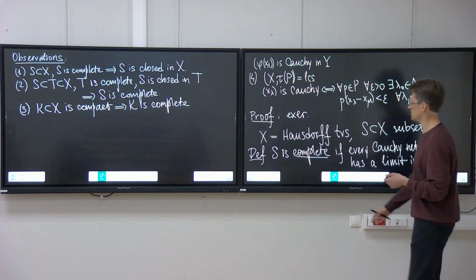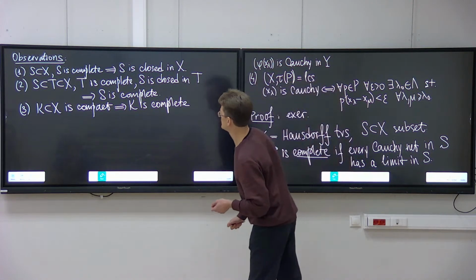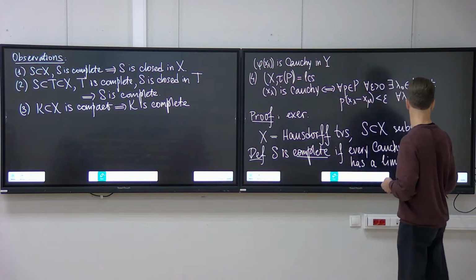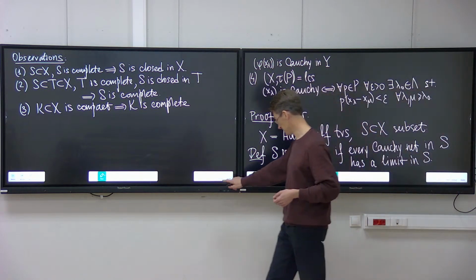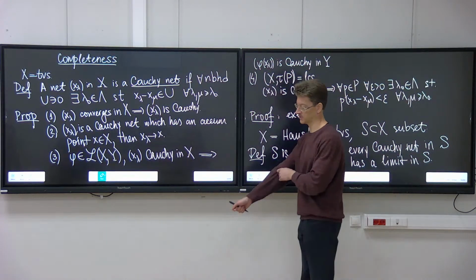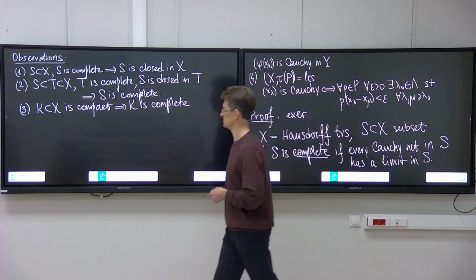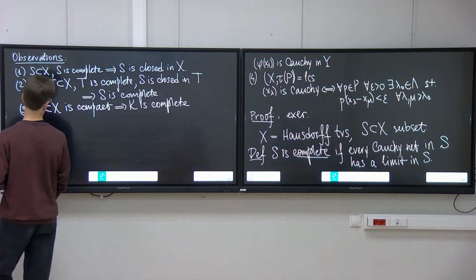But a Cauchy net which has an accumulation point converges. So this implies that every compact subset of a topological vector space is complete.